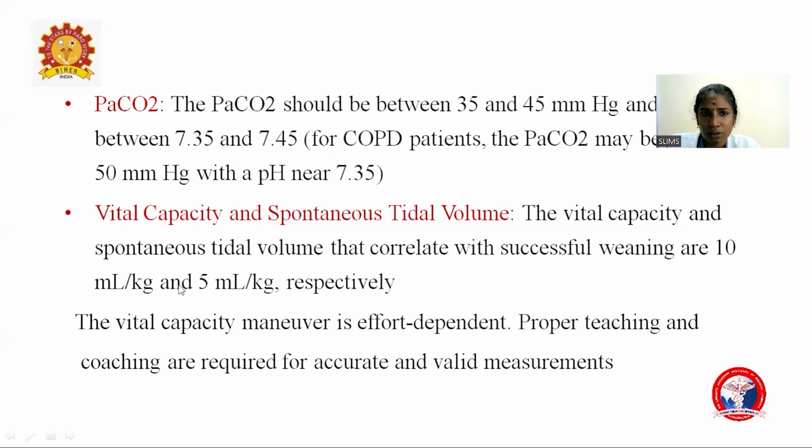Then moving on to the vital capacity and the spontaneous tidal volume. They usually correlate with successful weaning at more than 10 ml per kg and 5 ml per kg respectively. Okay, the vital capacity should be 10 ml per kg, and the spontaneous tidal volume should be 5 ml per kg.